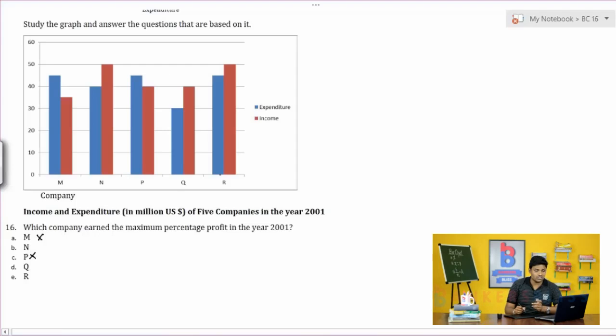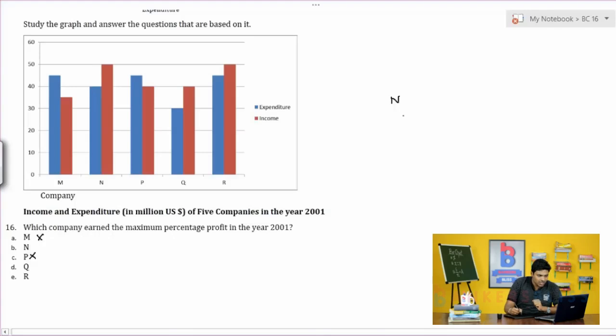So, among these three, which is the highest one we have to calculate? So, let us calculate for N. N, what is the fraction? So, income minus expenditure is the profit. So, income is 50, expenditure is 40.